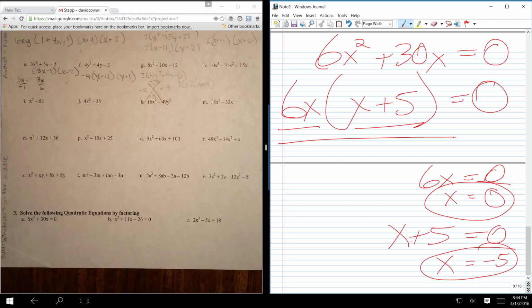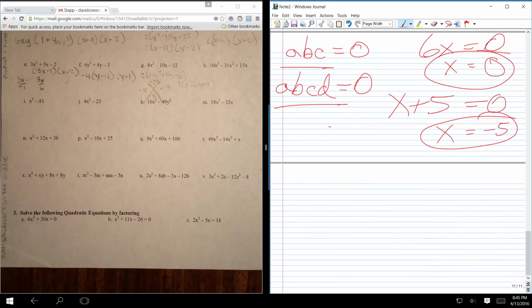If I tell you that A times B times C equals 0, one of those three numbers has to be 0. If I tell you A times B times C times D is 0, one of those four numbers has to be 0. Important concept in algebra.